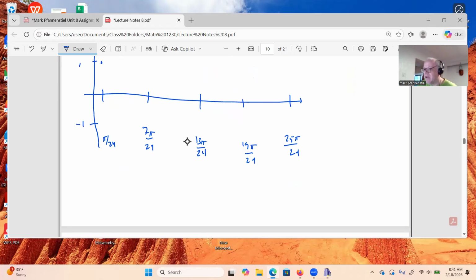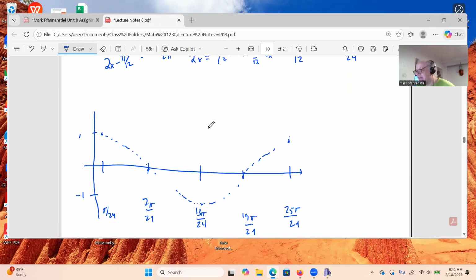So I know I'm up here, down here, here, here, and here. And I'm just going to dot this in lightly because I don't really want to graph my cosine. I want to graph secant. Okay, now that I have my shape that I'm trying to look for, the nice thing about doing it the way I just did was, technically these graphs go on and on and on forever, forwards and backwards.